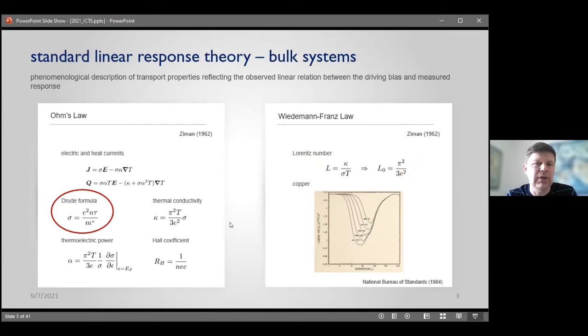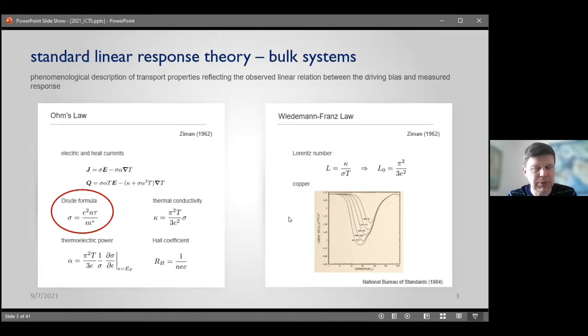Now, if you apply a magnetic field, then there will be the classical Hall effect, with the corresponding Hall coefficient being an important measure of carrier density. And that, in fact, is used by most experiments in order to characterize their samples, in order to actually measure what is the density of charge carriers in their system.